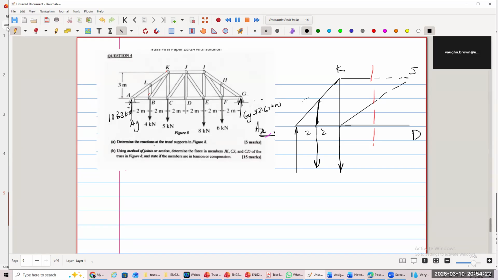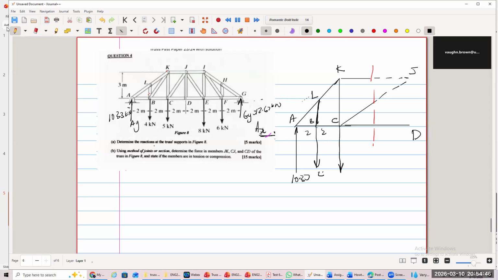This is A. B. C. So we have everything labeled now. This is L. All right. So this is 10.33, which is G. Right?